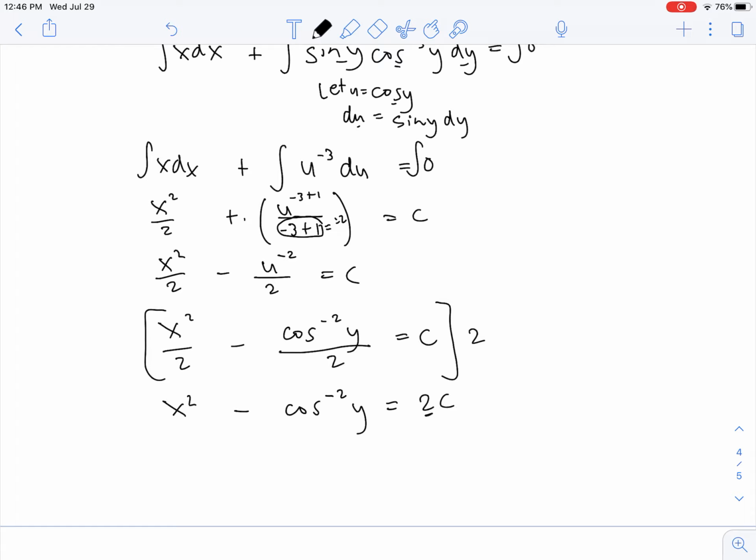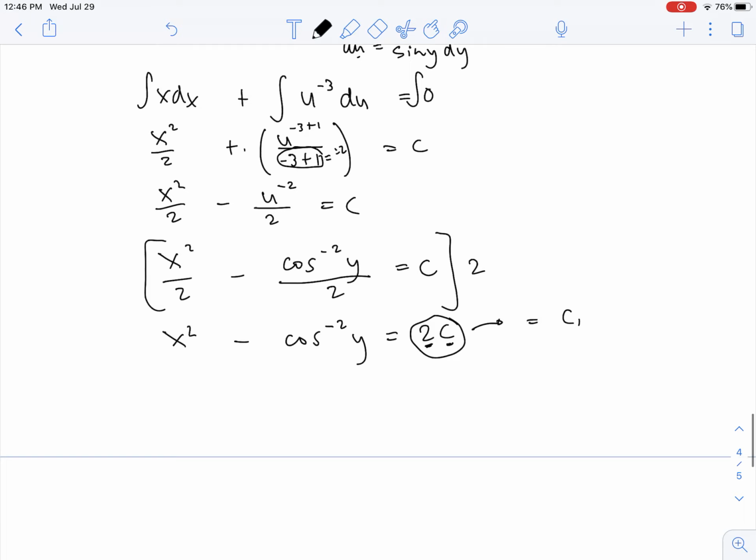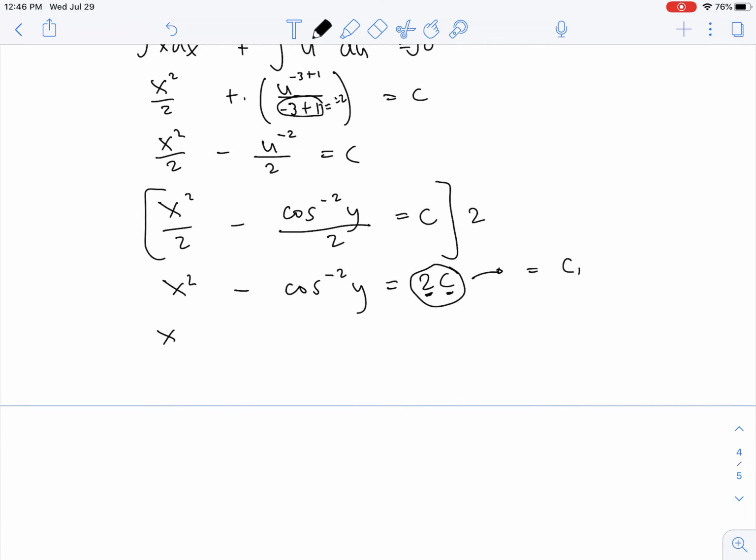Then remember, 2 and c are constants, so we can merge them together. So this now becomes c sub 1 lang. So this is now x squared minus cosine raised to negative 2y is equals to c sub 1.